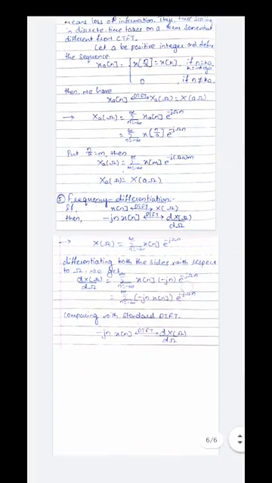And the last property we'll be studying for the day is frequency differentiation.